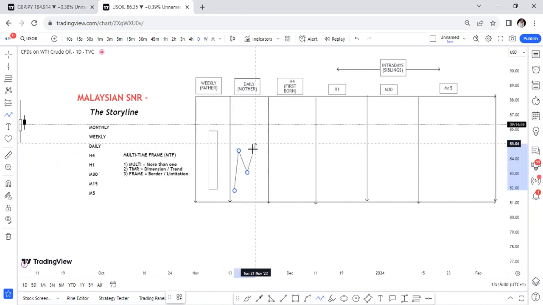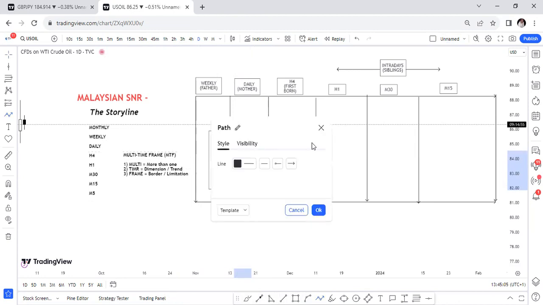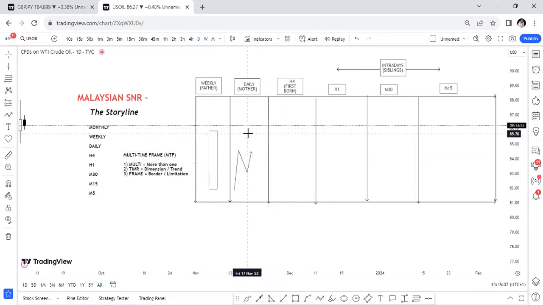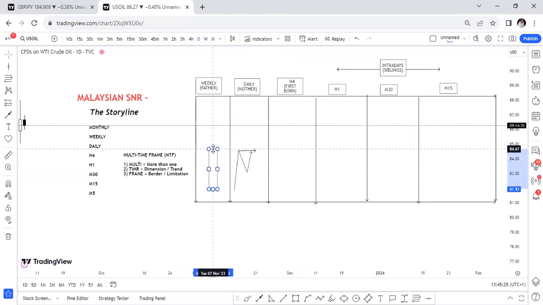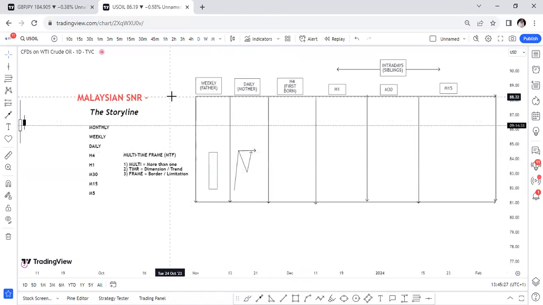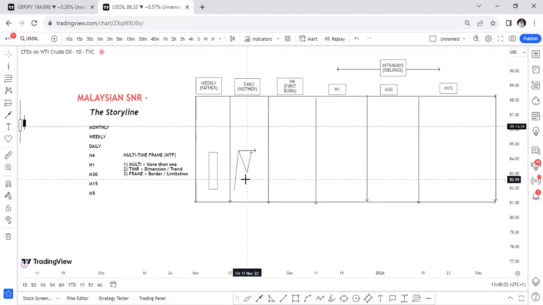Here is going to be the borderline. So if you have this as a monthly bullish candle, and you go to a daily time frame, you will likely see this.